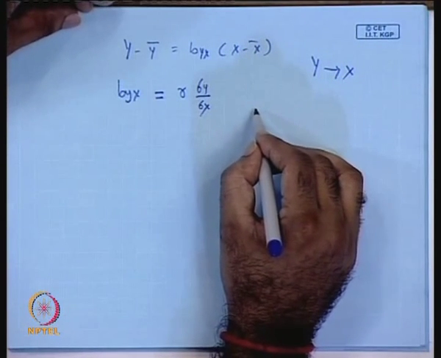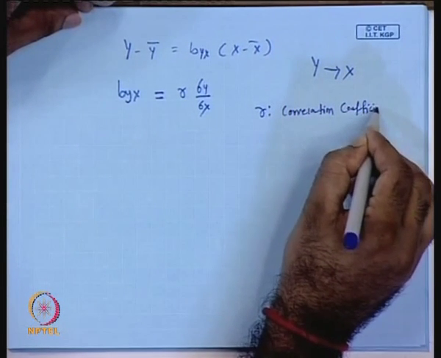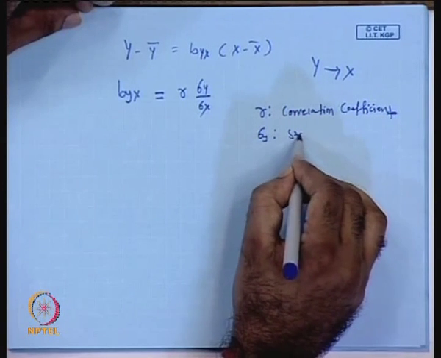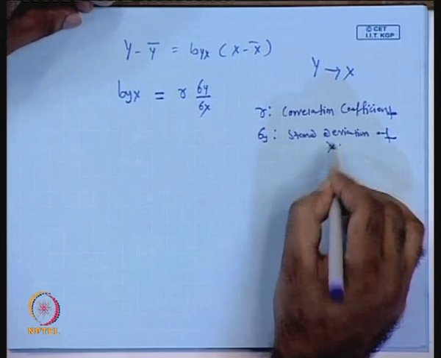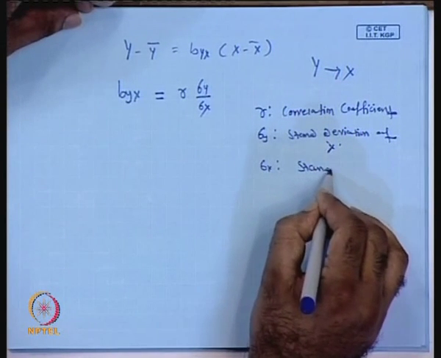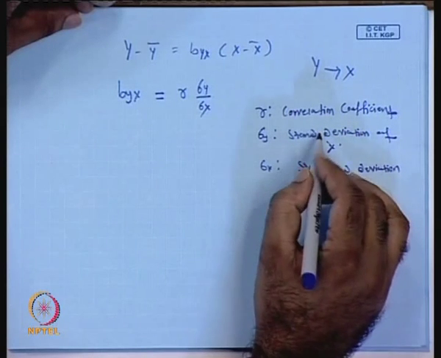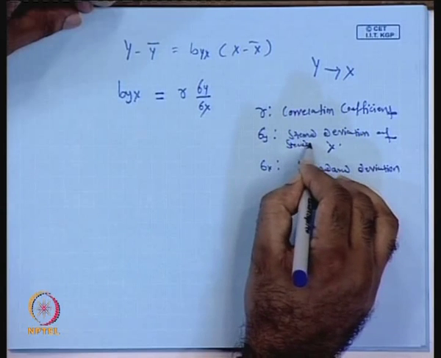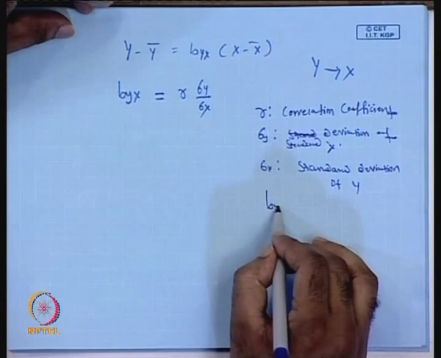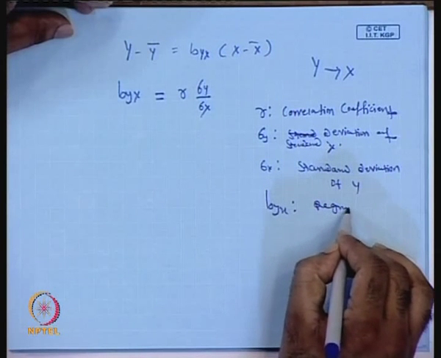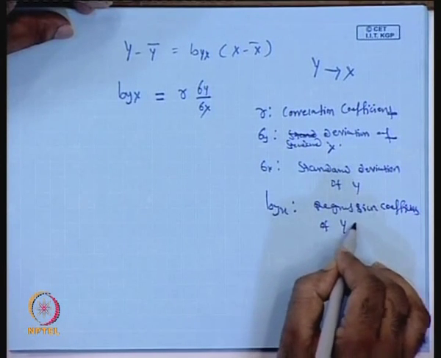Here r represents the correlation coefficient, sigma x represents the standard deviation of x, and sigma y represents the standard deviation of y. byx is the regression coefficient of y on x.